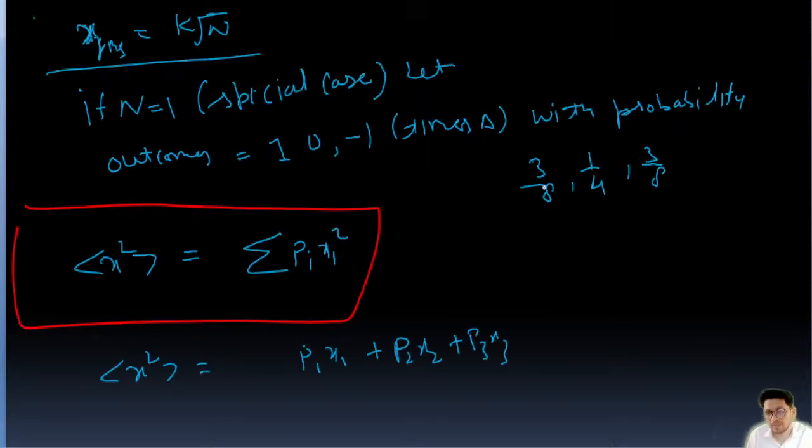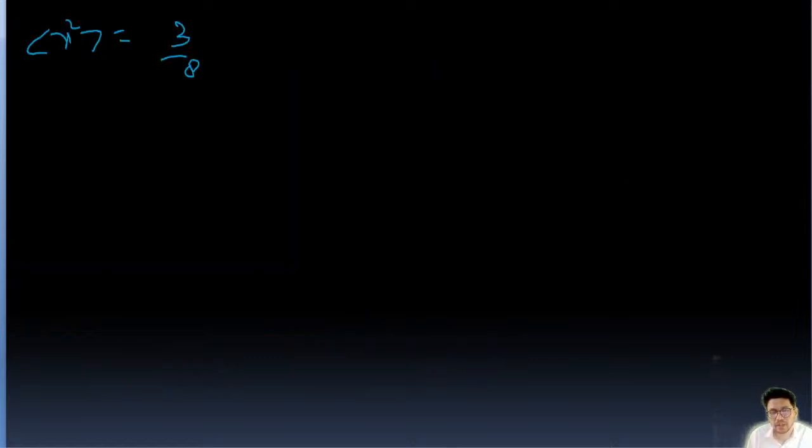So for the first case, p is 3 by 8 and x is delta, so this is 3 by 8 delta square, plus for the second case the distance is 0, so 1 by 4 into 0, plus 3 by 8 into delta square.